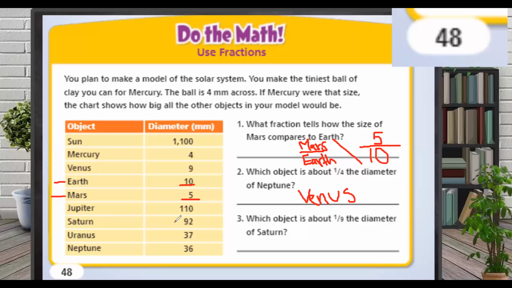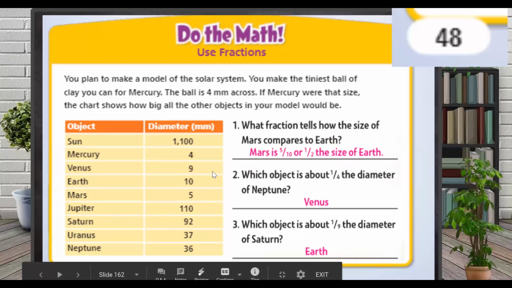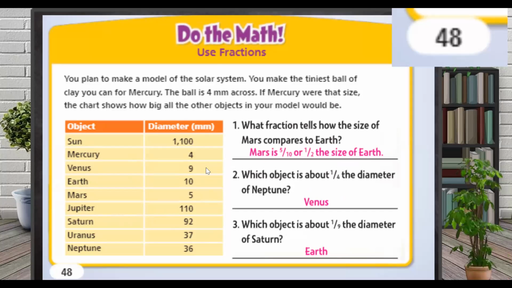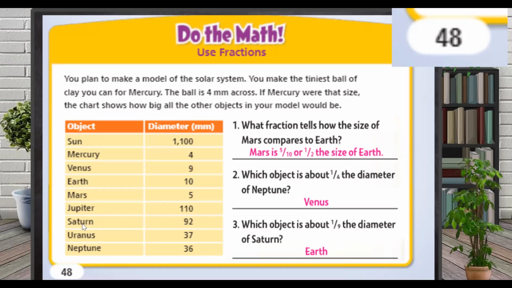1 to 9. Yes. I think, I don't know. Okay, we'll see. 1 to 4 is Venus, as our friend Leah said, and 1 to 9 the diameter of Saturn is Earth.